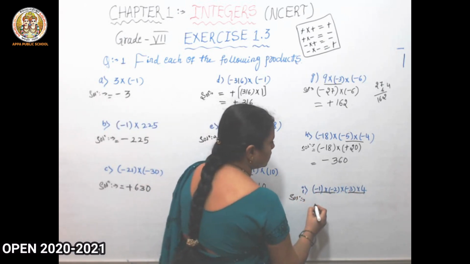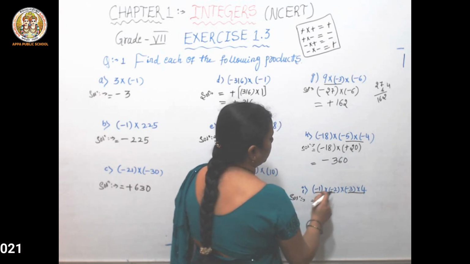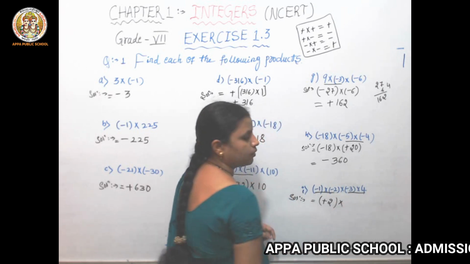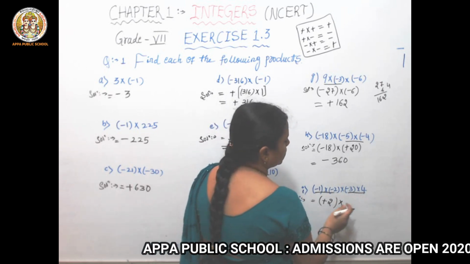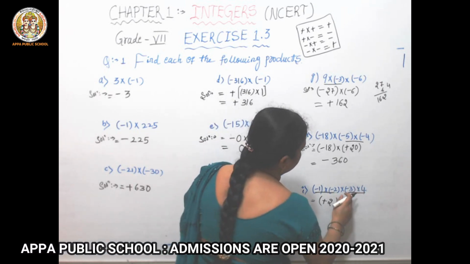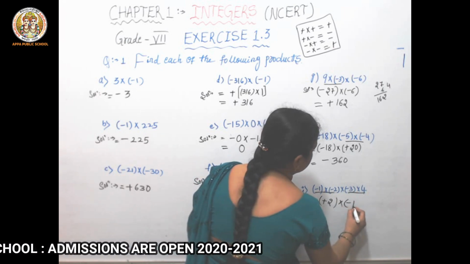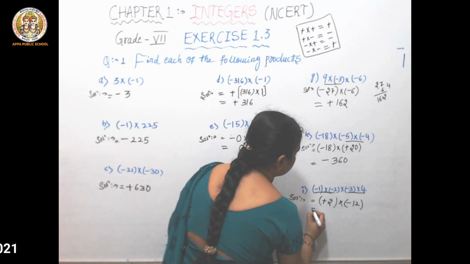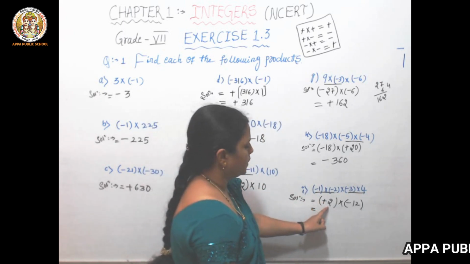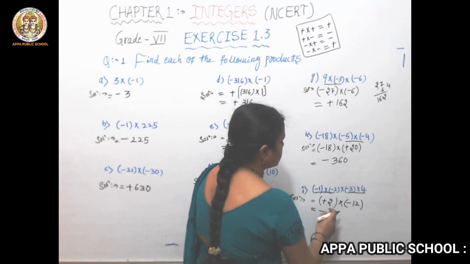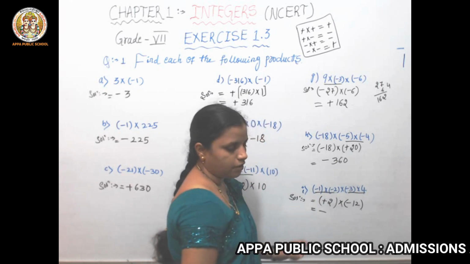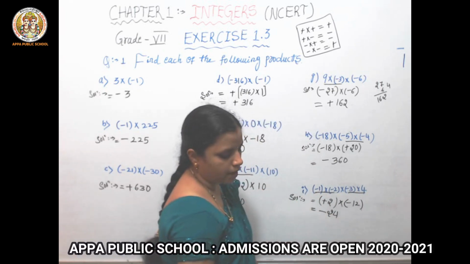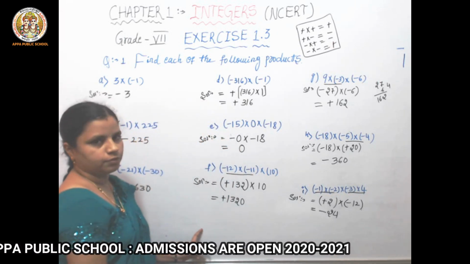Now minus into minus is plus, 1 2s are 2, into, now I am multiplying these two numbers, 3 4s are 12, plus into minus is minus. Now plus into minus, minus 12 2s are 24. So the answer is minus 24.